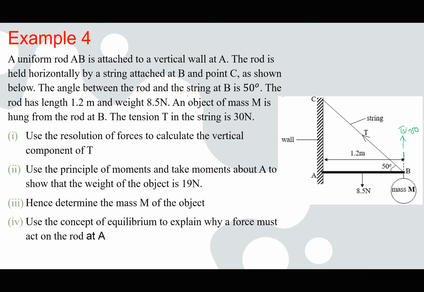The angle between the rod and the string is 50. The length is 1.2. An object of mass m is hung from the rod at B. The tension T is 30. So the answer here is going to be just 30 sine of 50.